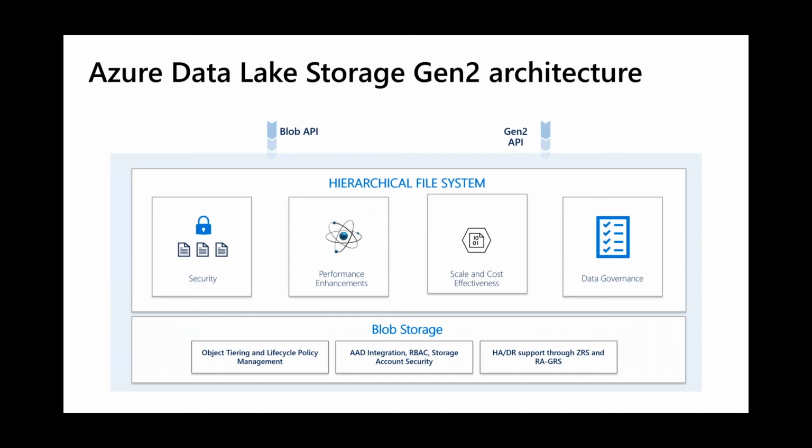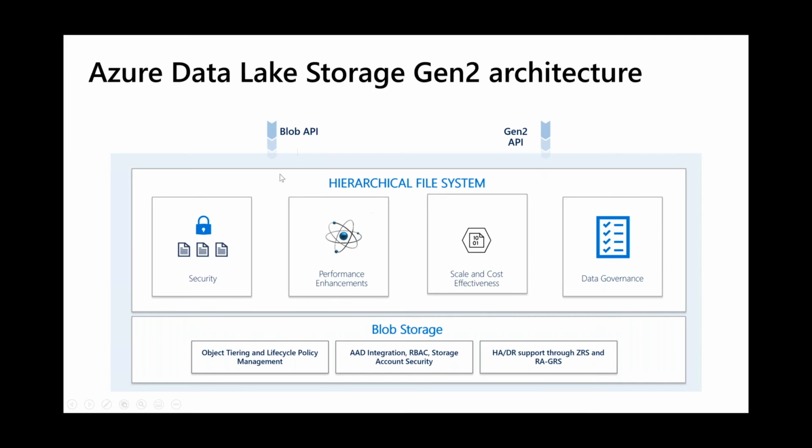But it was not the best place to do advanced analytics. If you had to work on files and folders, you didn't have a performant way of doing it. You had to copy this data to another storage to get those Linux-level, low-level features like security, performance, scale, and data governance.